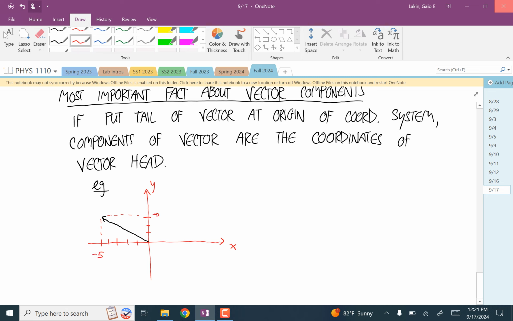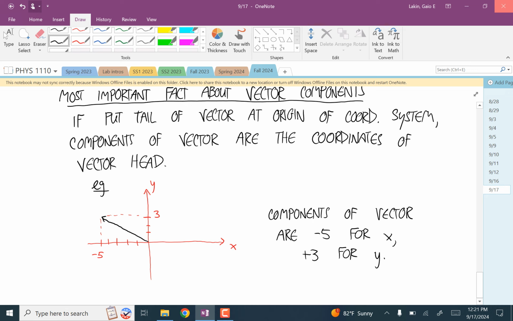This is +3. Then the components of that vector are -5 for x and +3 for y.